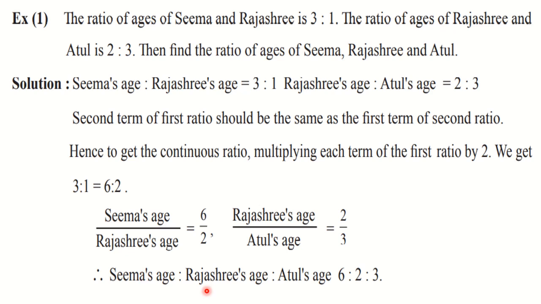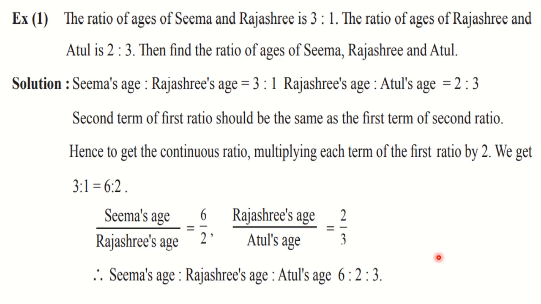That is, Seema's age is to Rajeshri's age is to Atul's age is equal to 6 is to 2 is to 3. Simply we cannot write 3 is to 1 is to 3, because the second number and the first number are not the same. We have to make them the same, and only then can we compare. So this is one example of how to get a combined ratio of two different ratios.